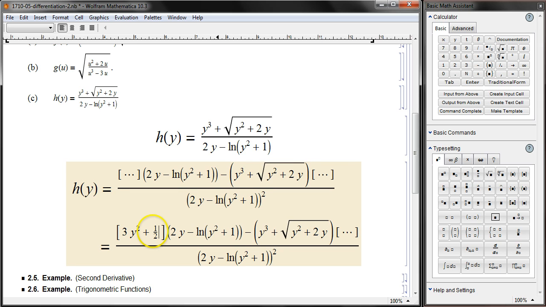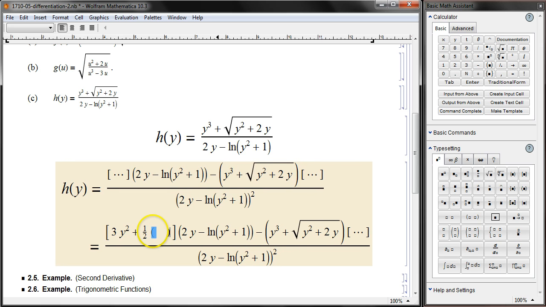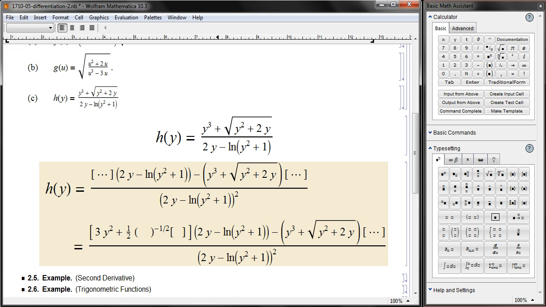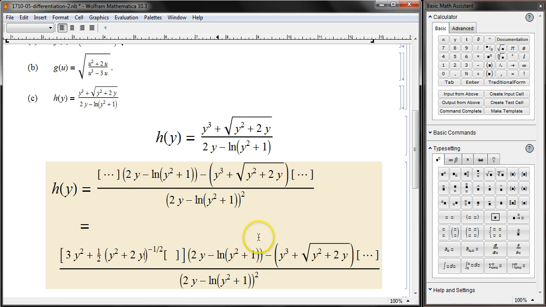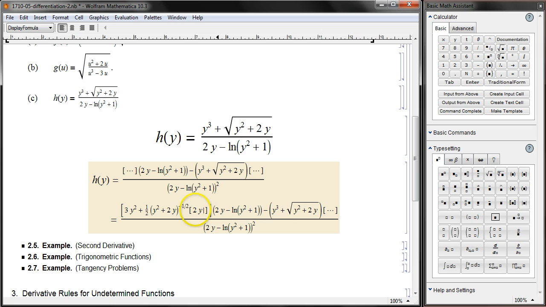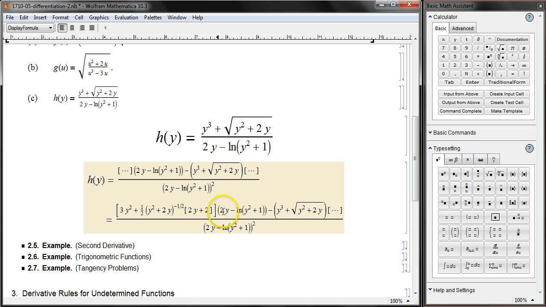So by chain rule, 1/2 comes out, and subtracting 1/2 from the power, and then we have to have the chain part and inside part. What's the inside? Inside always stays the same. Ooh, okay, maybe the font was too big. And then the derivative of the inside. Okay, that completes the derivative of the numerator.